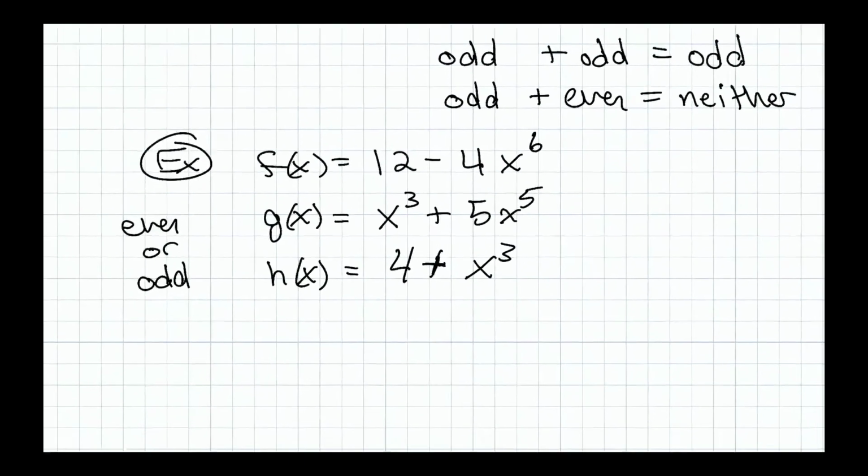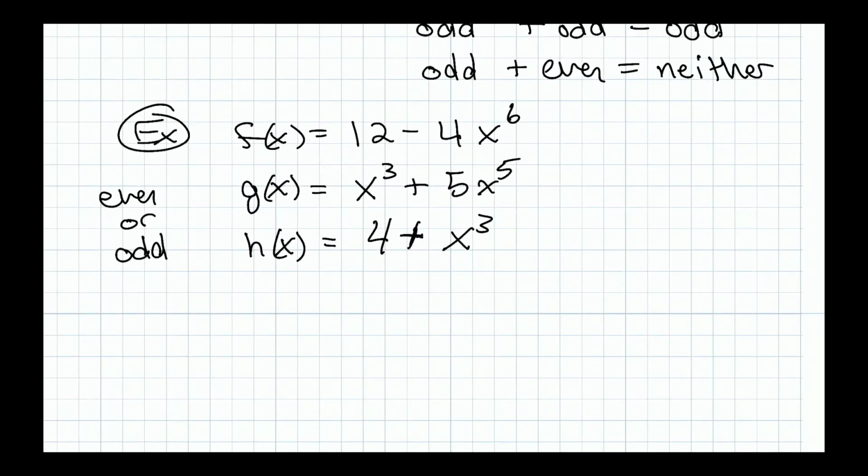So looking at f, that's even, right? Because it's an even power. So an even and an even is even. And then for the next one, 3, that's odd. 5, that's also odd.